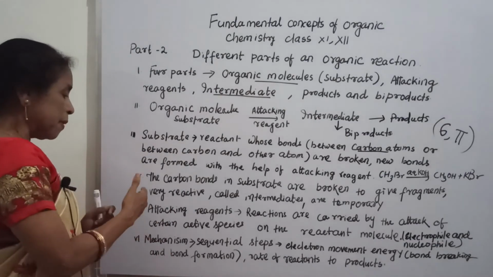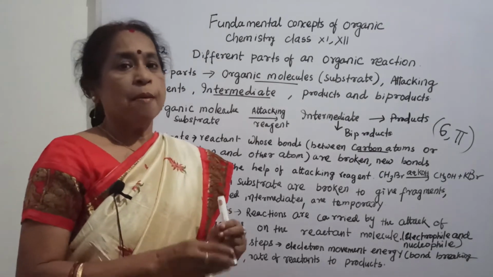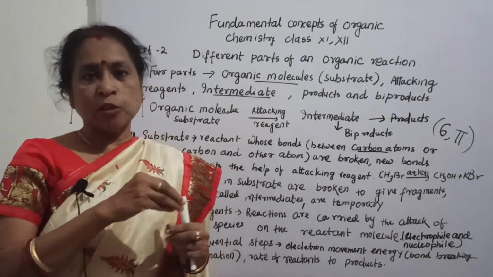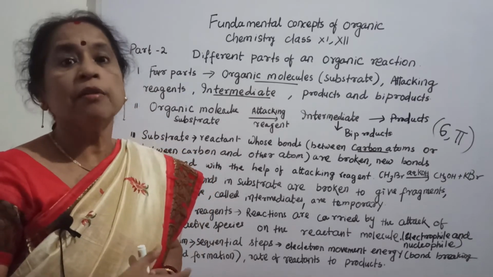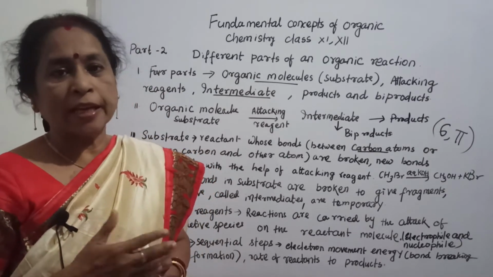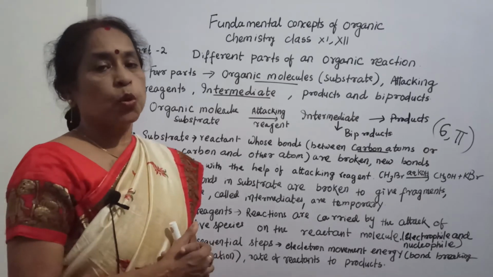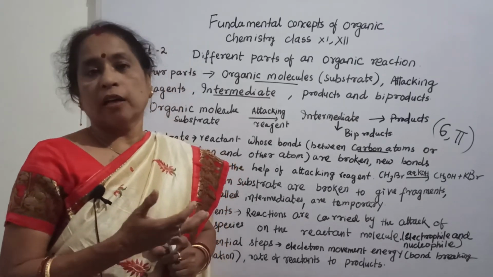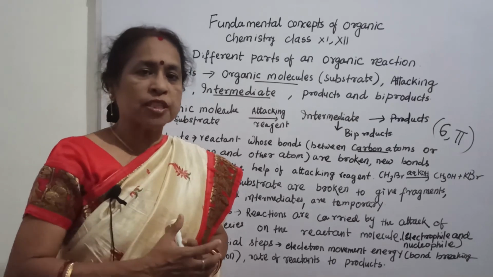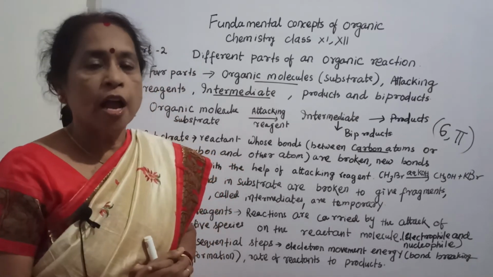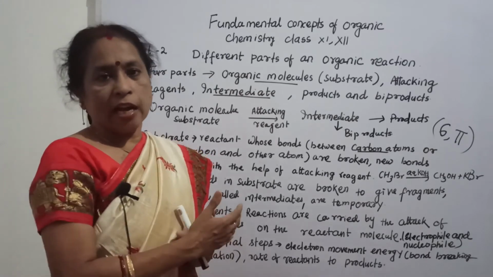Now mechanism is clear: it is the sequential steps where energy is involved in the breaking and making of bonds, and also the rate of reaction. That means which one is the slow step and which one is the fast step. Generally the slow step gives the idea about the rate of the reaction.